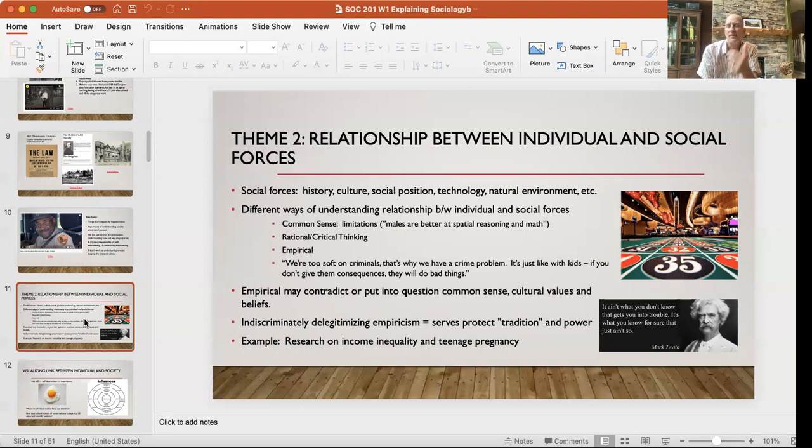The first one is this idea of common sense. Well, it's just common sense, right? That males are just better at math. So there's an idea that is circulated within culture. But there are limitations to that. I mean, is it being male? The evidence says it's not a gendered aspect.